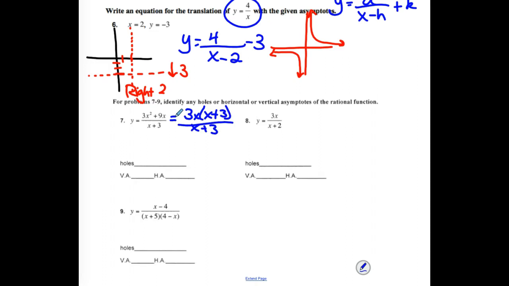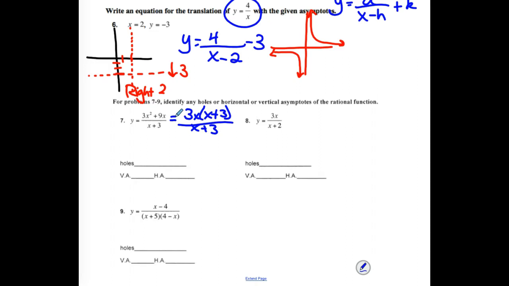All right, so do we have any points of discontinuity? Points of discontinuity are any problems caused by variables in the denominator, right? They might be holes, they might be vertical asymptotes, they're just at this point problems for us. Do we have any problems? Yes. What value makes the denominator 0? Okay, we can't divide by a 0, right?